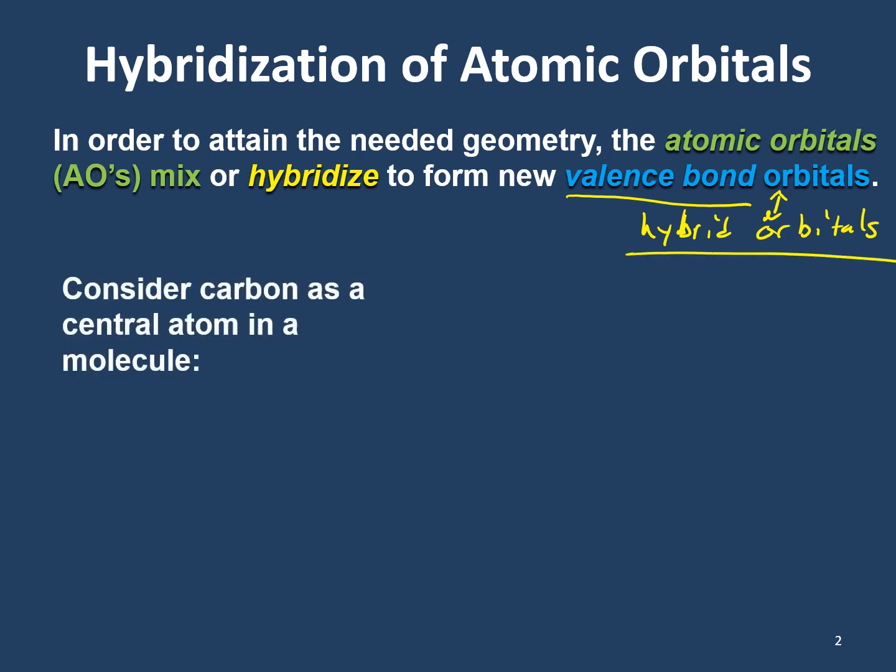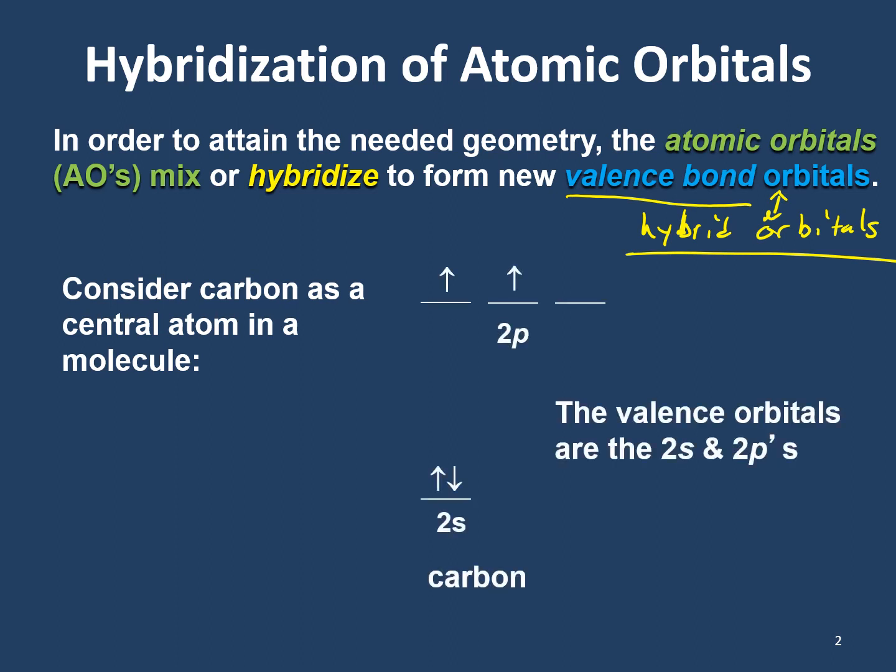So let's look at the electron orbital energy diagram for carbon. We're just going to look at the valence shell. Technically, you have a 1s here, and it's full, if you want to look at the full electron orbital energy diagram. But if we just look at the valence electrons, because remember, valence electrons are the ones responsible for bonding, we have a couple issues here.